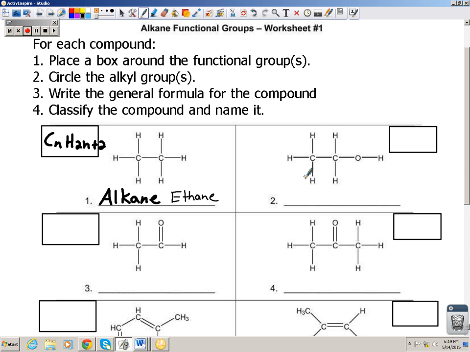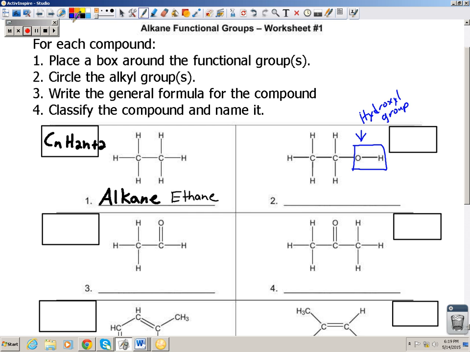Let's go over to number 2. Start back at step 1. We want to place a box around the functional group. This does indeed have a functional group right here. That is the hydroxyl group. Now we want to circle our alkyl group.